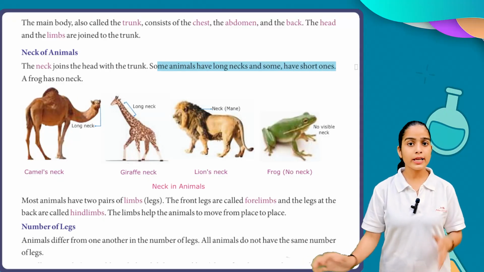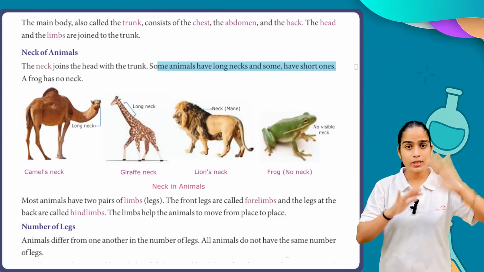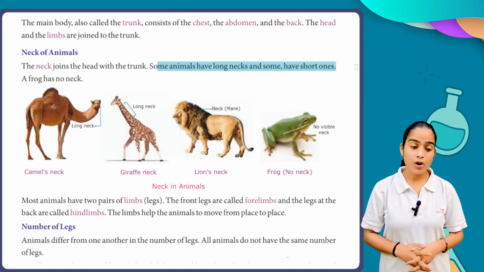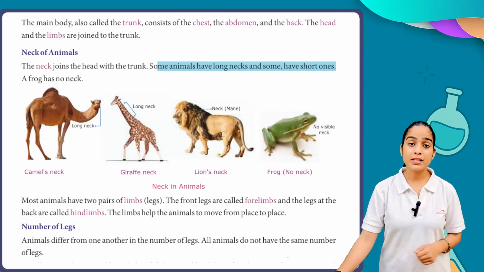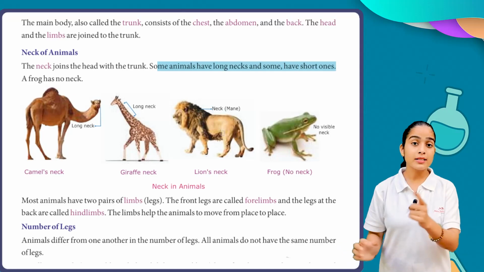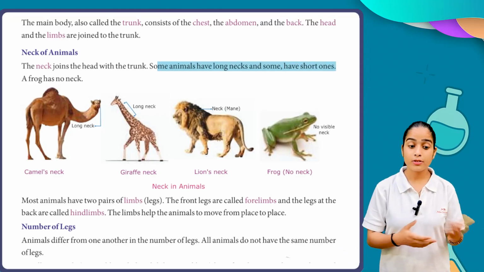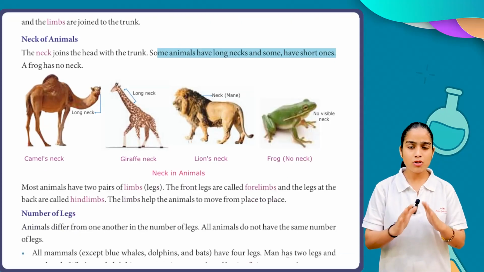It means all animals have a neck, but the size of the neck differs: some are long, some are short. A frog has no neck. In the camel, we observe that it has a long neck, and the giraffe also has a long neck, but lions have a normal neck.